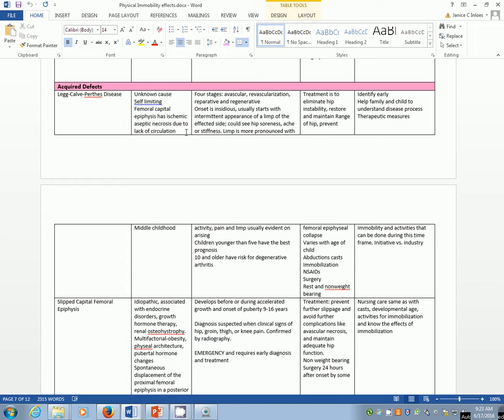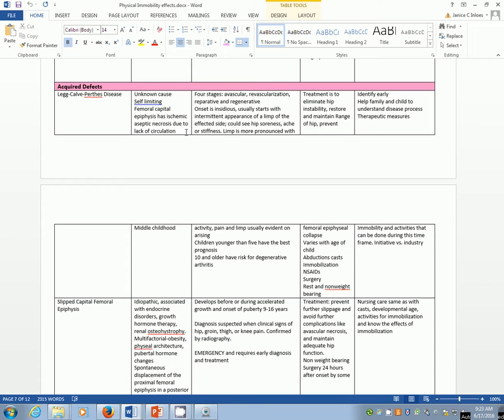So you want to be sure that you're checking for temperature. If they run a temperature and it seems to be infection, then it's not Legg-Calvé-Perthes disease. Because it's self-limiting, it's a little bit better than some of the other ones that we're going to talk about. Some of these are so similar, it's hard to figure them out.